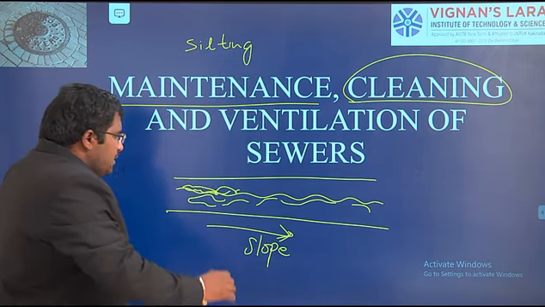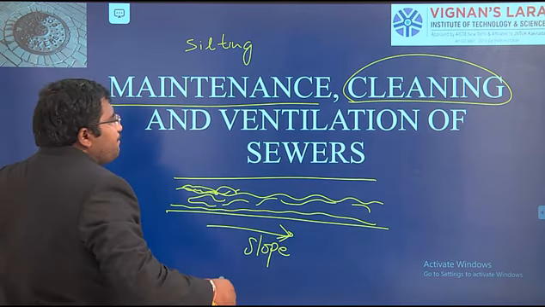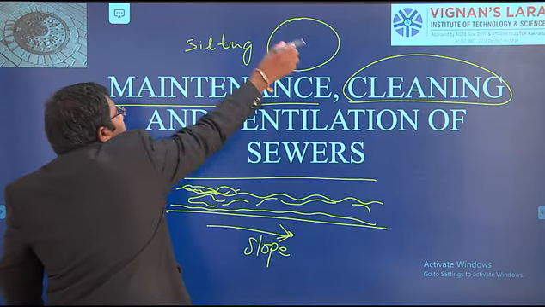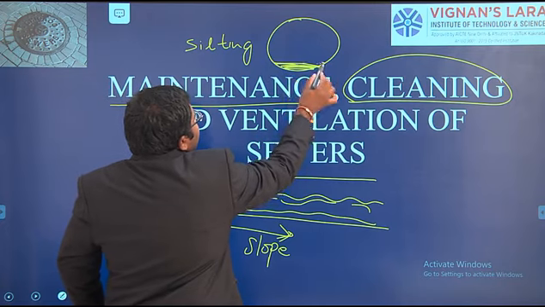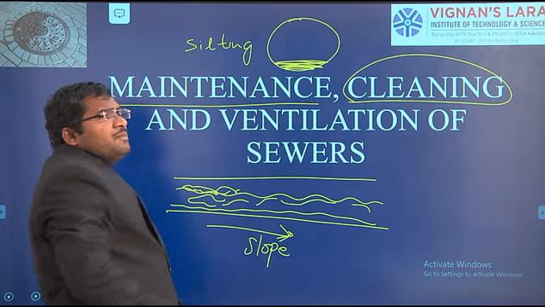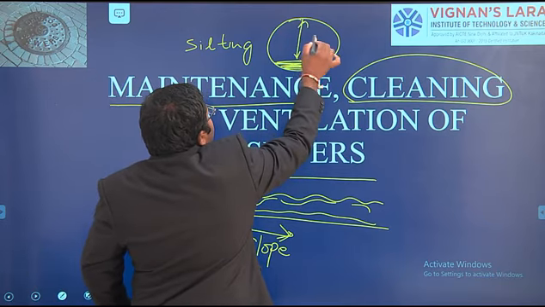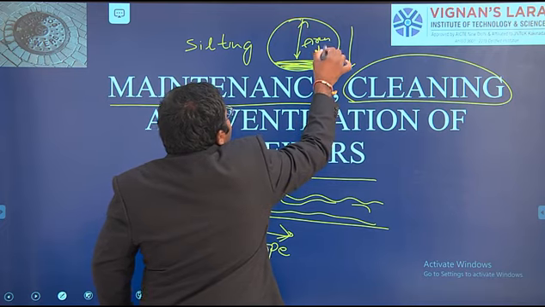Due to silting, much organic matter will settle, so the efficiency of the sewer pipe will be reduced. If I take this as a sewer, the bottom portion will be filled up with silt, and because of this the area of flow will be reduced.